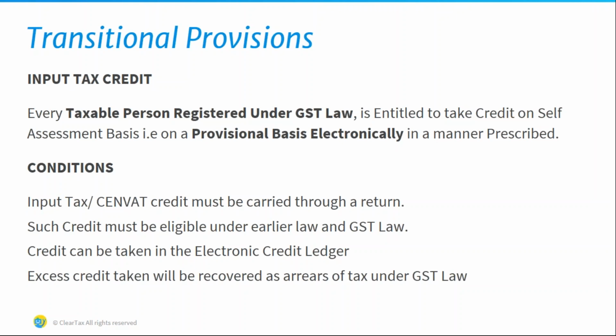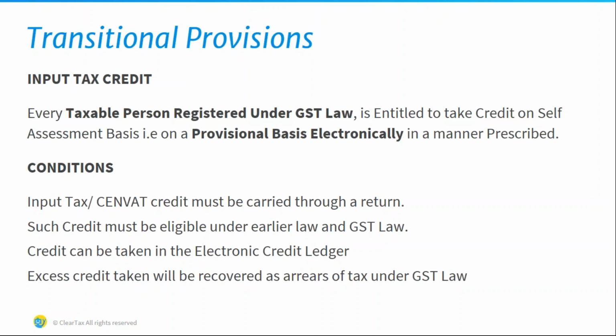Another mechanism that we have under GST is, as I mentioned previously, the concept of the electronic credit ledger. All your credit would be available in your credit ledger, and you can use this credit for payment of your tax liability. That is another concept.